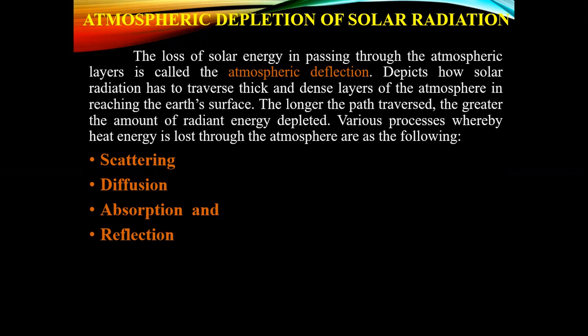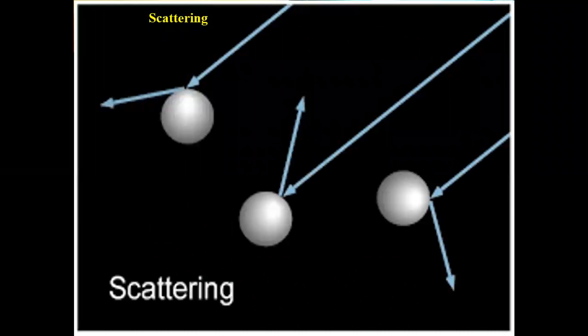But the red color spectrum with the larger wavelengths manages to reach the surface of the Earth. Thus, when we look at the sky away from the direct rays of the sun, we see more blue light, which was more readily scattered.